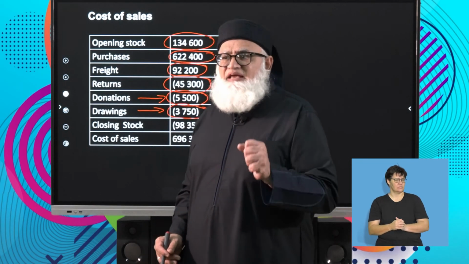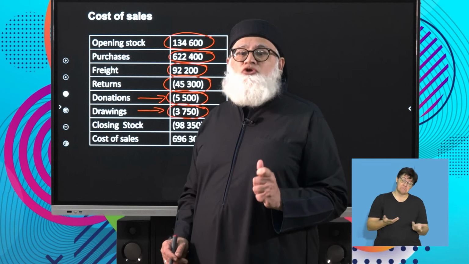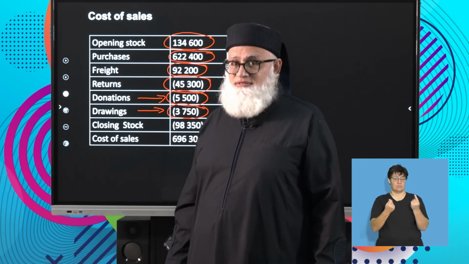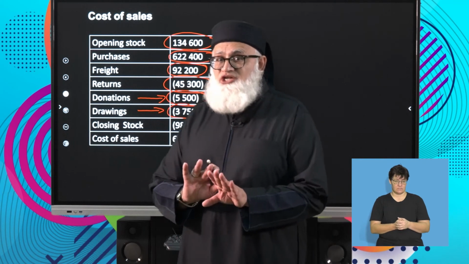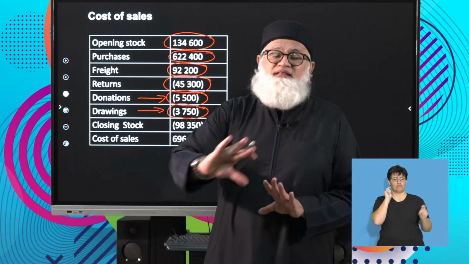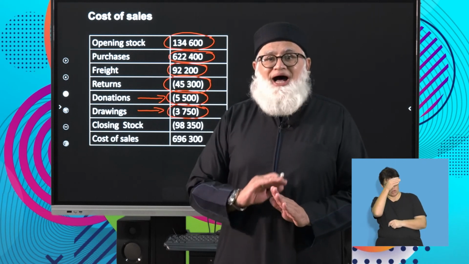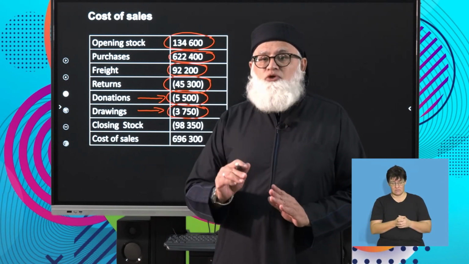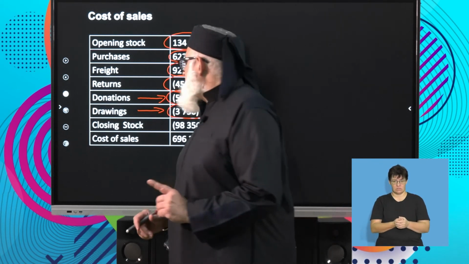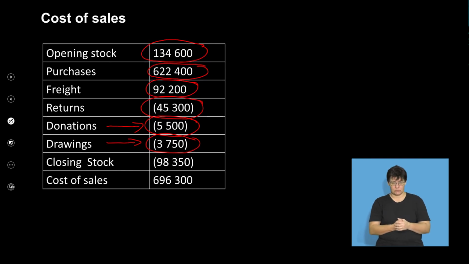If you were asked to calculate the net purchases figure, right? Look, I'm changing the question slightly because I want to explain the concept to you. If you were asked to calculate the net purchases figure, how would we do that? Watch what we'll do.